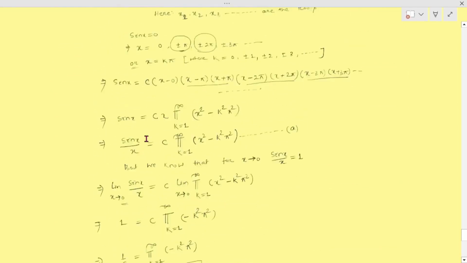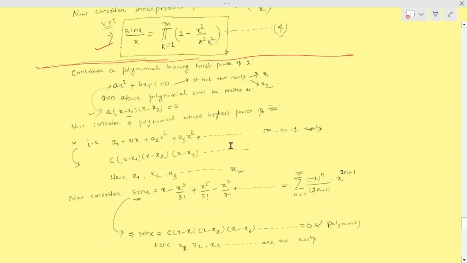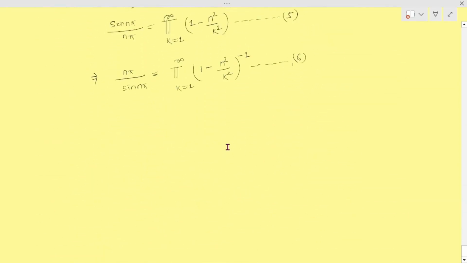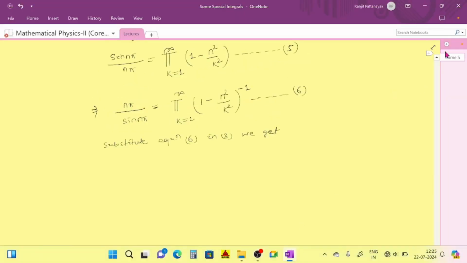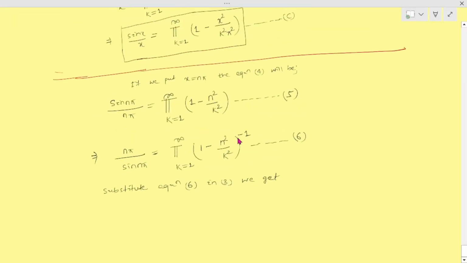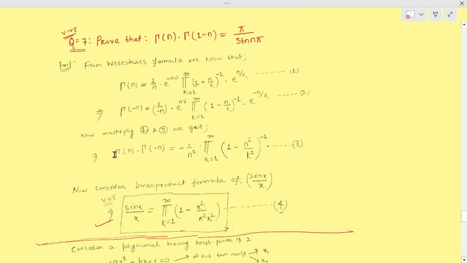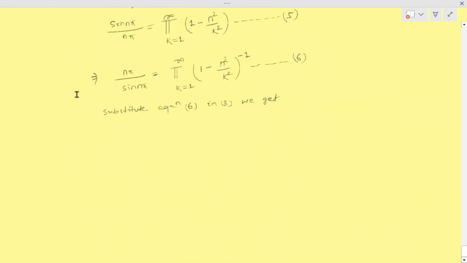If I substitute this in equation number 3, what will I get? Just write: substitute equation 6 in 3, we get this much: gamma n into gamma minus n equal to minus 1 by n square into this much.